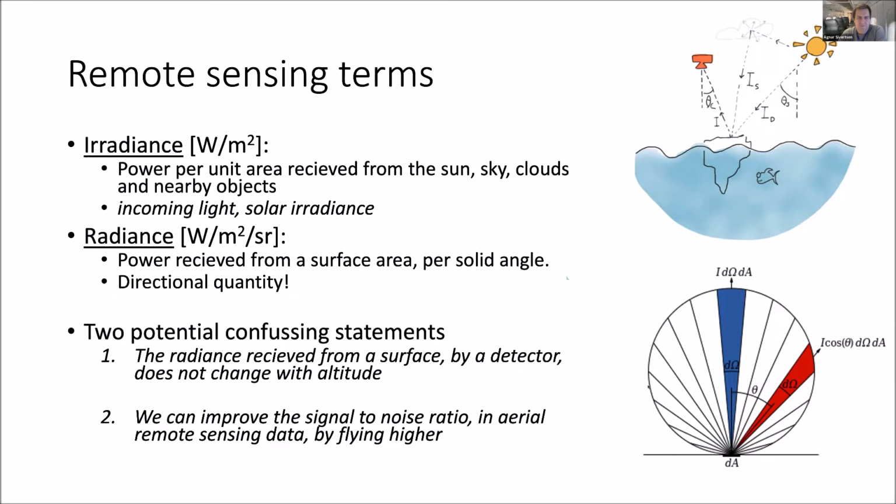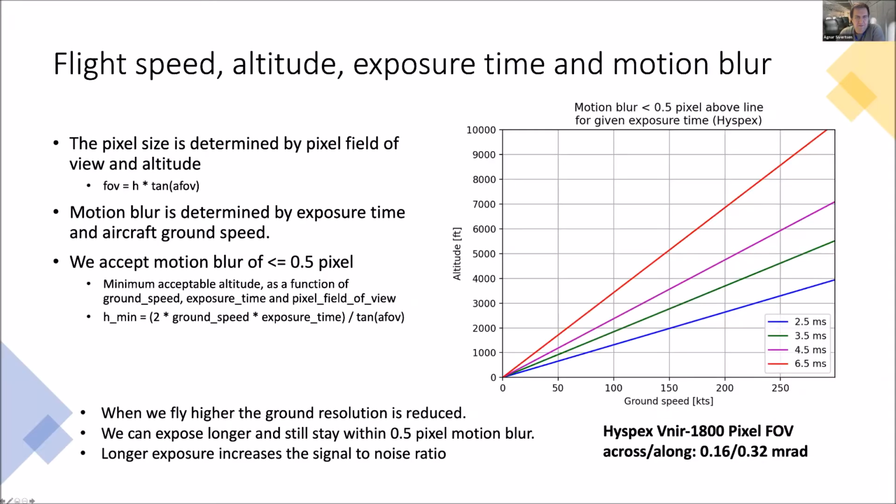The second confusing statement is that you can often hear that we can improve the signal to noise ratio in aerial remote sensing, especially by flying higher. And the reason for that, I will try to explain here. It depends on flight altitude, exposure time, and motion blur.